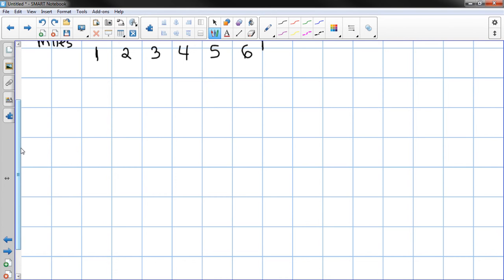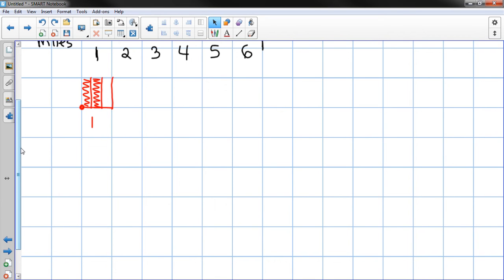So if I start here, and if I go 2/3, I almost have to break this thing up into thirds to visualize that. And if he travels 2/3 a day, there's 1 day.